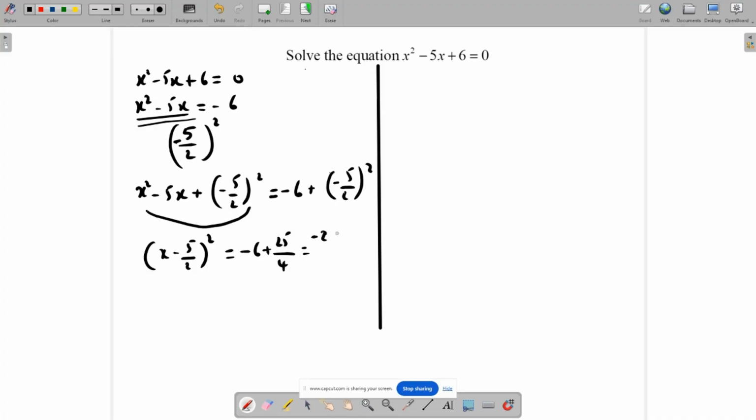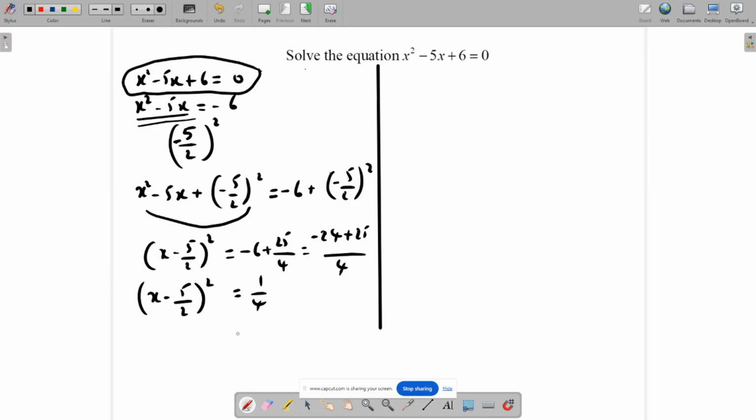So this will give us minus 24 plus 25 divided by 4, and that will give us 1 divided by 4. So we have this expression now, which is easier to solve than the one above.